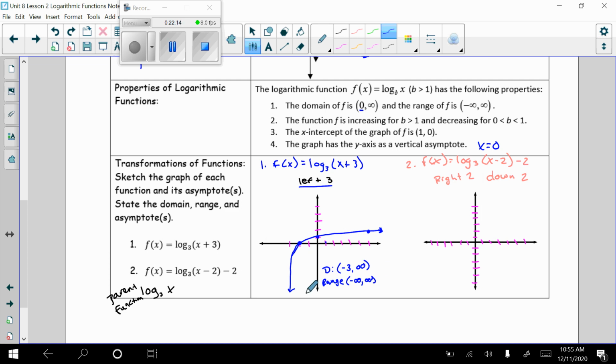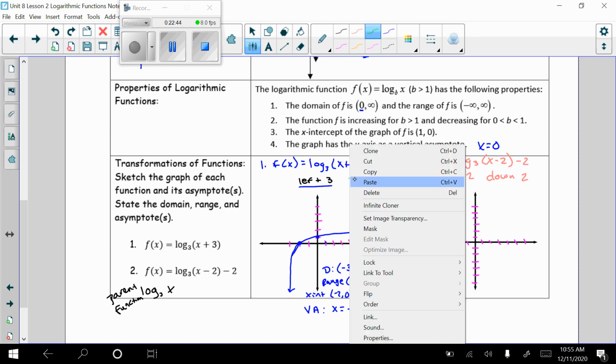By shifting it left, we haven't affected that all real numbers range at all. This is still going to keep increasing. The x-intercept of the function is now at negative 2. And the vertical asymptote has shifted left 3, so it's now at x equals negative 3 instead of x equals 0. Okay, so we're shifting it following our rules.